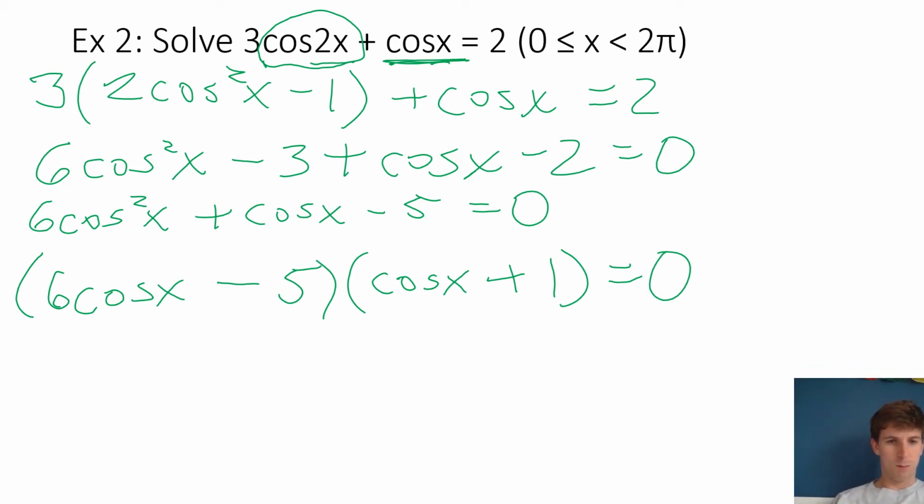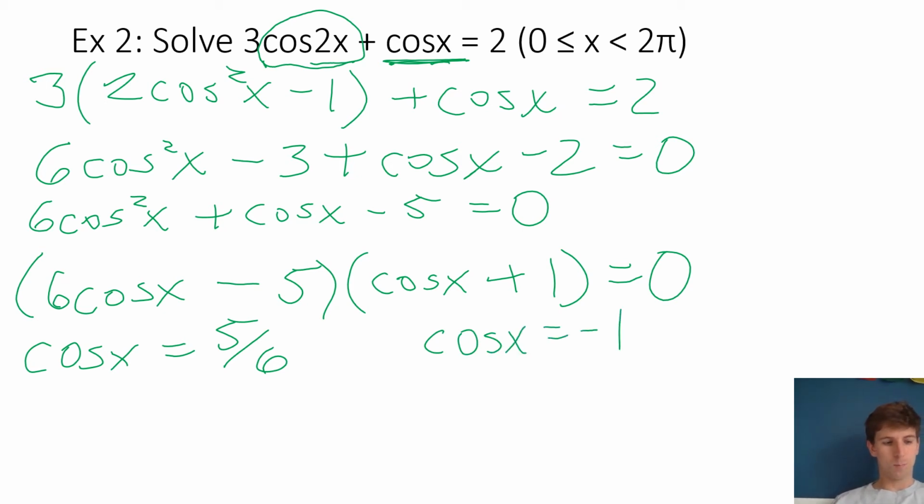So this term here would just be cosine x equals 5/6. And this one will be cosine x equals -1. So this term, cosine x equals -1, I can do without using a calculator. Be pi. Great.